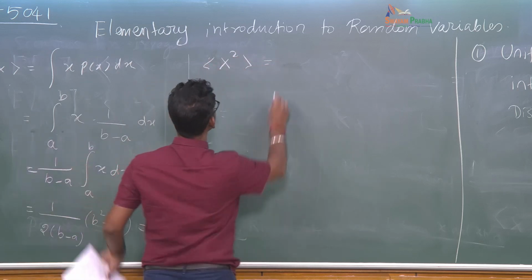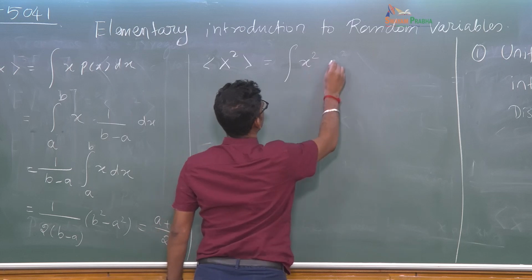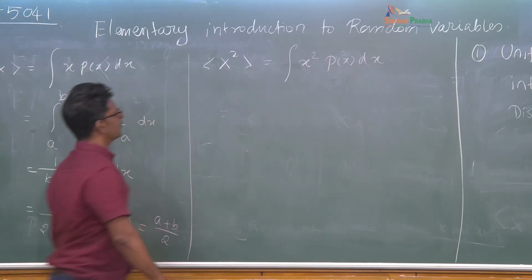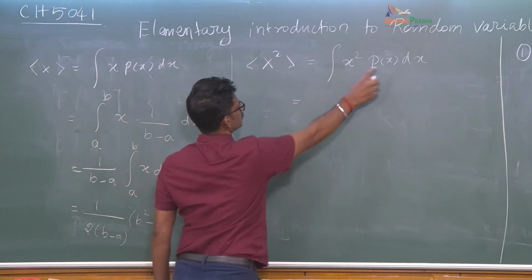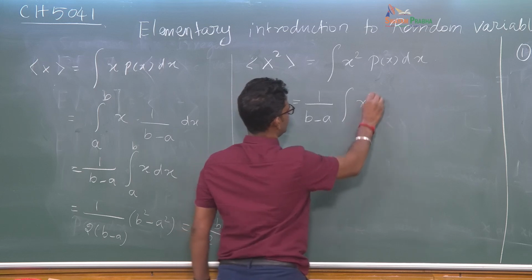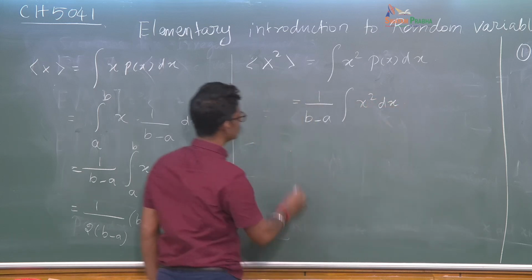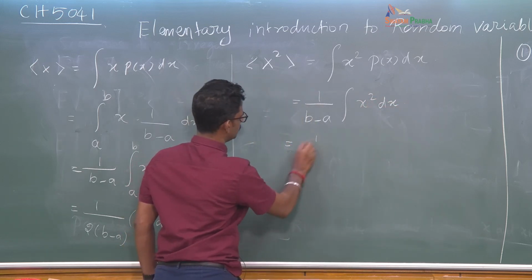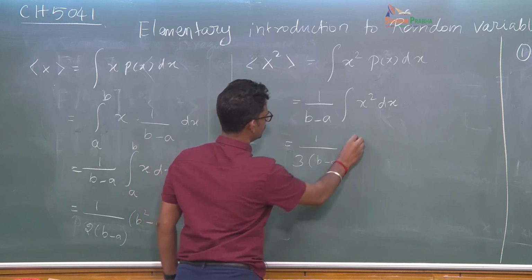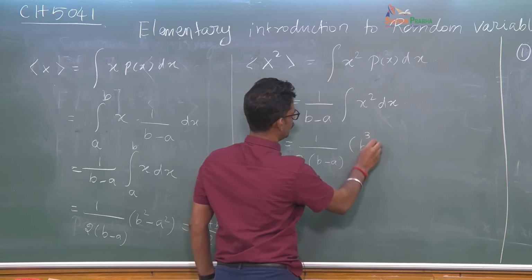From this formula, we get integral of x square p of x dx. So p of x is 1 by b minus a. We get x square dx, and then we get 1 by 3, b minus a, b cube minus a cube.